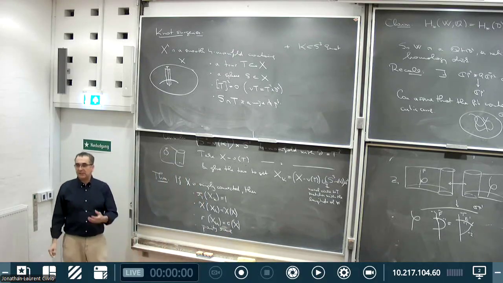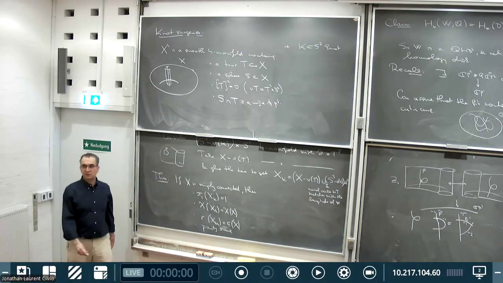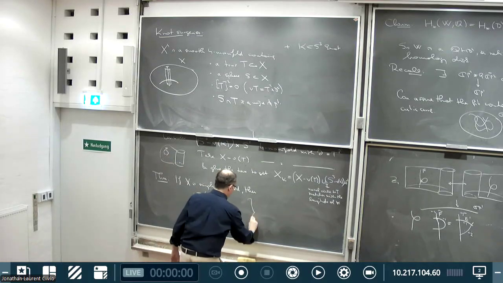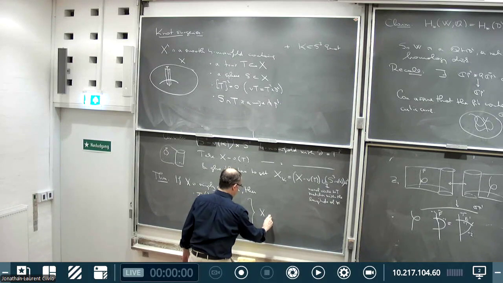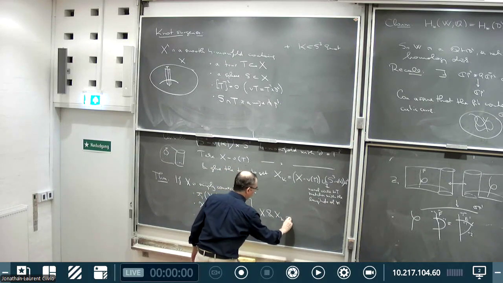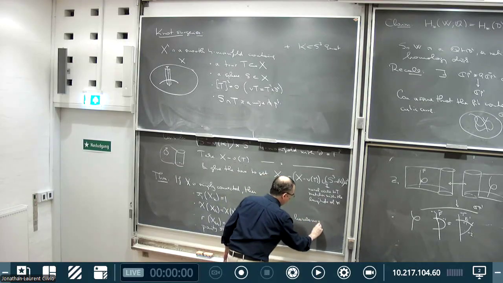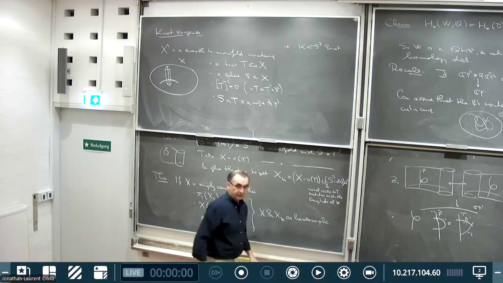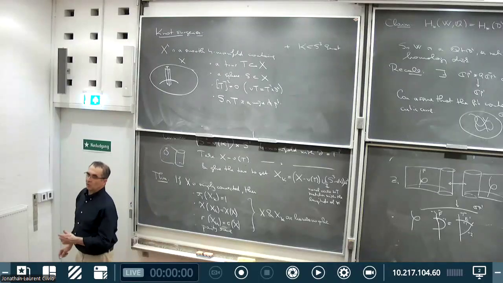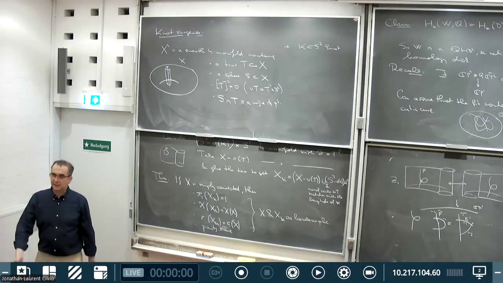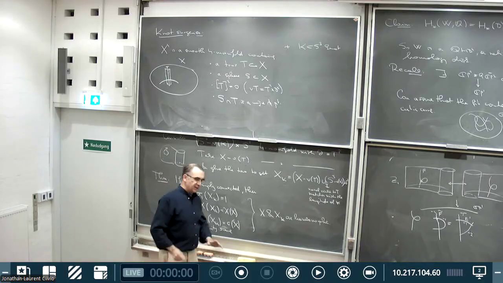So we created a new four-manifold which is homeomorphic to X. So X and X_K are homeomorphic. That's great, and we hope that they are distinct. And this is exactly what happens under some condition.